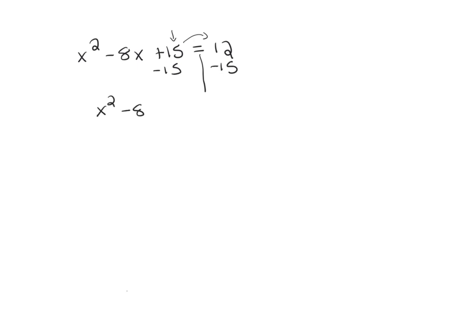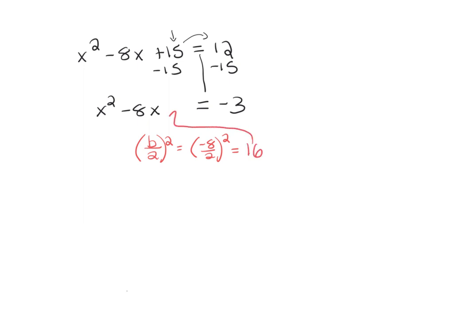X squared minus 8x, I'm going to leave myself some space, equals 12 minus 15 is negative 3. Once you have it set up, we're doing that formula, b over 2 squared. Negative 8 over 2 squared. Negative 4 squared is positive 16.